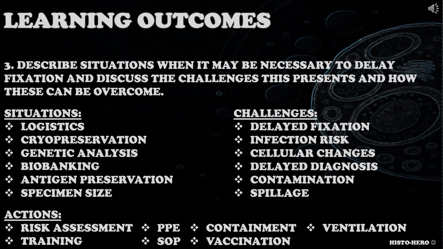What challenges can arise due to delayed fixation? Consider delayed fixation and cellular degradation, quality of staining, preservation of proteins and genetic material, infection risks, contamination, spillage risk, delays in diagnosis and treatment, and so on. How would you overcome these challenges? Consider risk assessment, use of PPE, training, SOPs, containment, vaccination, ventilation, and so on.